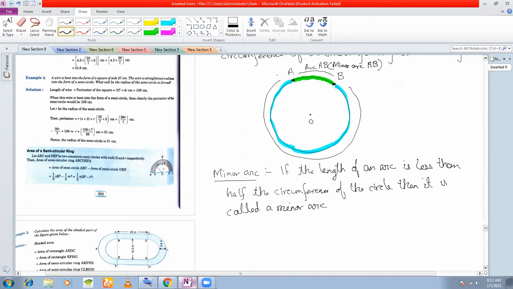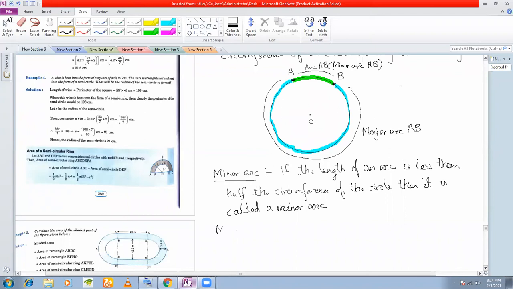And the remaining arc, the one that is outlined in blue, this becomes your major arc, AB. Remember the definition of major and minor arc.